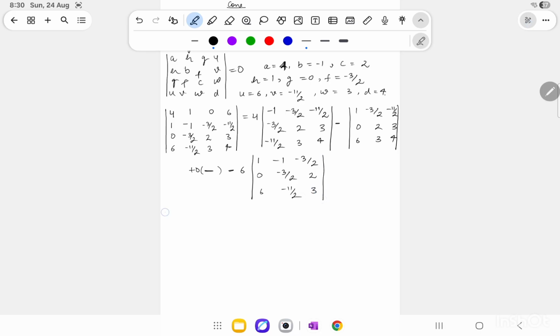So that will be basically equal to 4 into, you can also use a calculator, but since we are doing it manually, let's find out what we get: 8 minus 9, that will be minus 1, plus 3 by 2 into minus 12 by 2 plus 33 by 2.